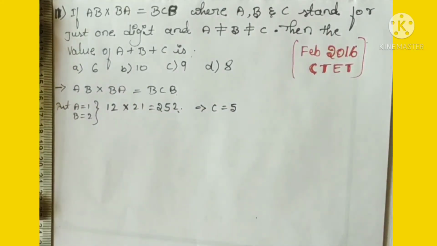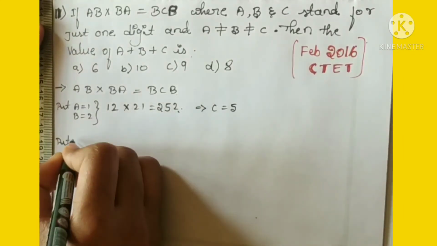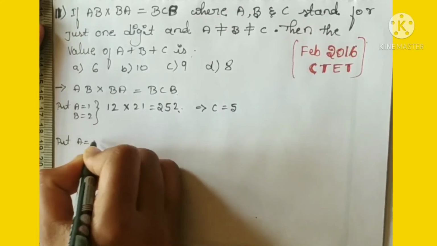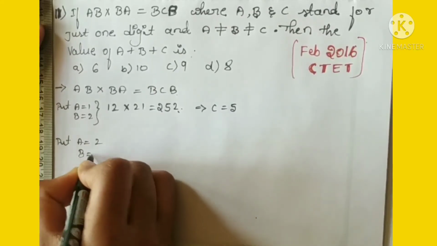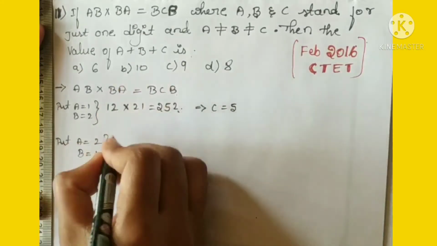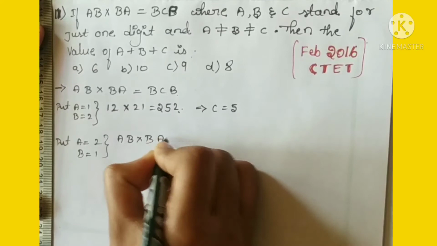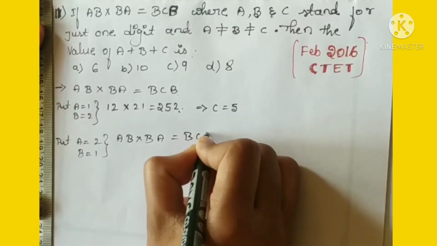Suppose if you consider another values like A is equal to 2 and B is equal to 1. Now you have to put these values in the above equation, that is AB into BA, which is equal to BCB.